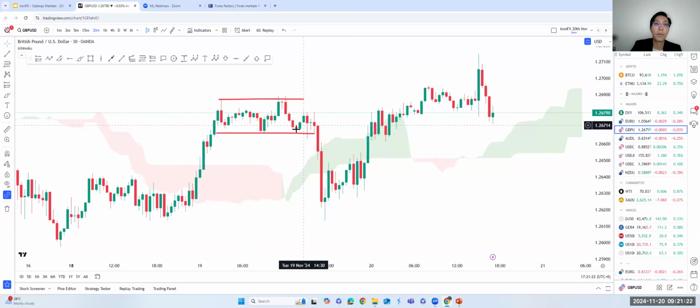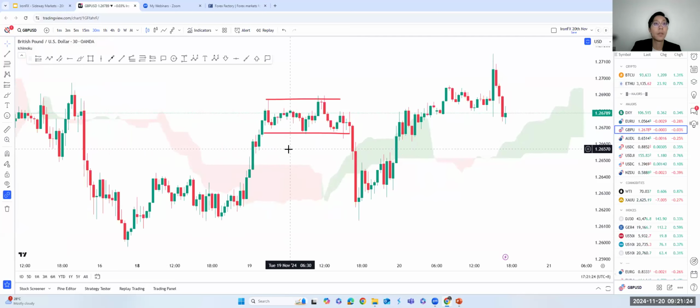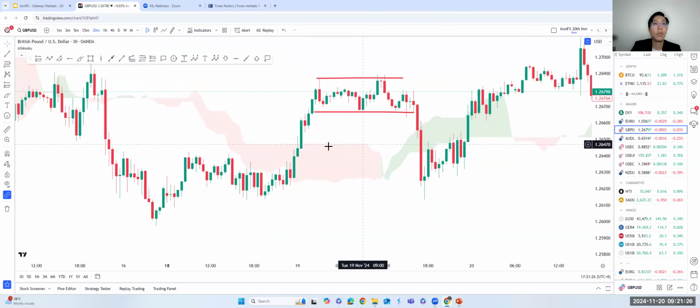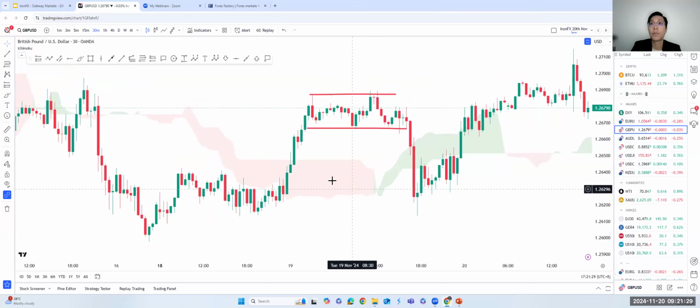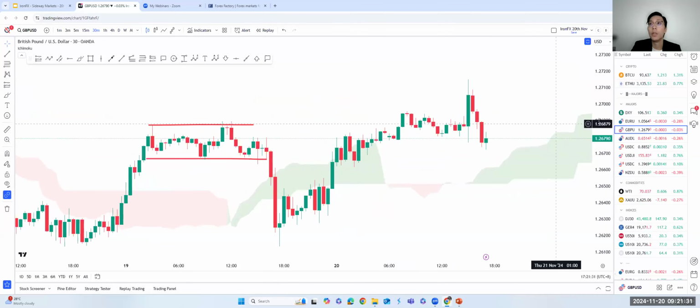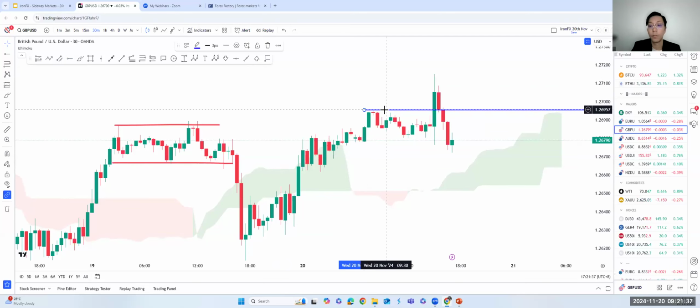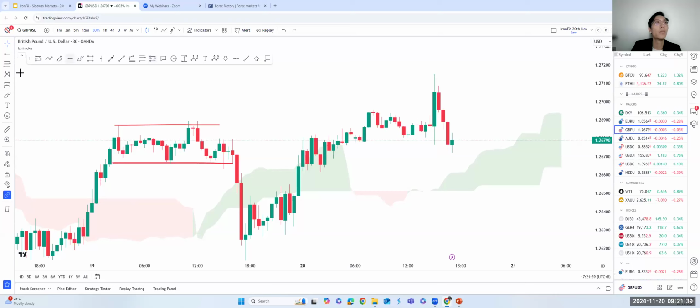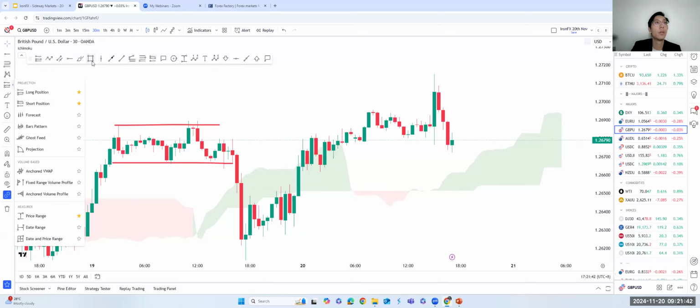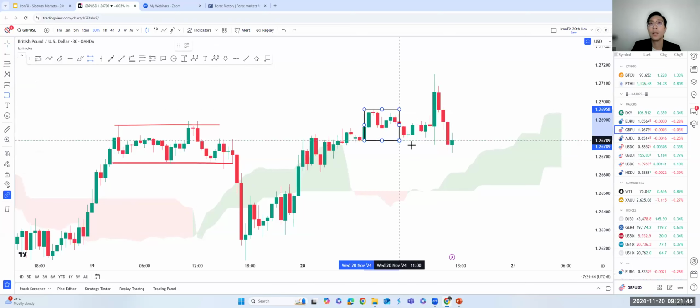But you'll realize that there are a lot of times in a range where you don't know where to put your stop loss. Let's say you do something like this.